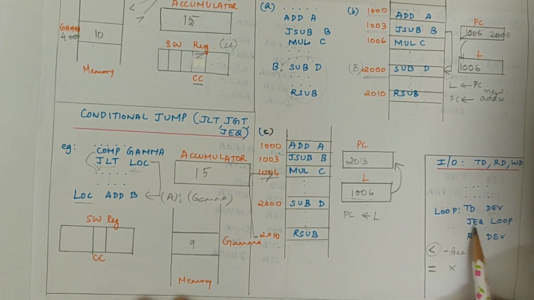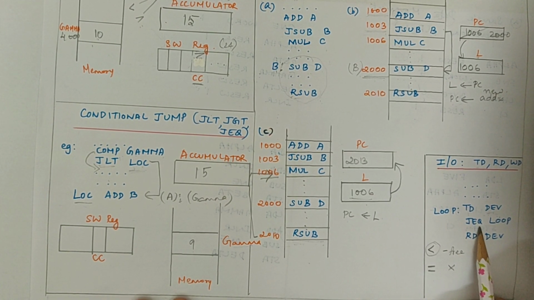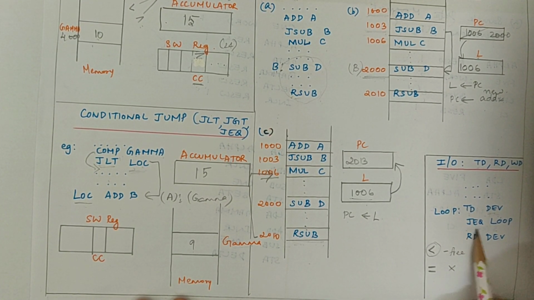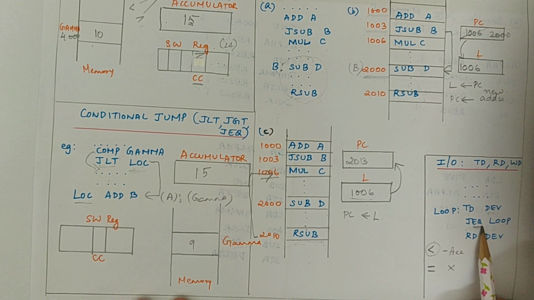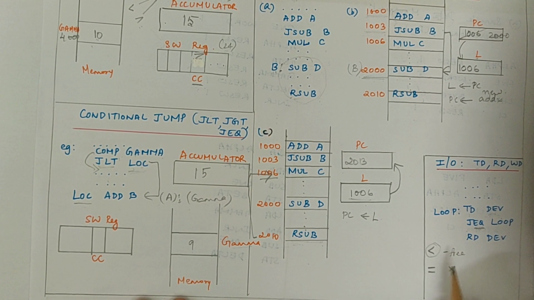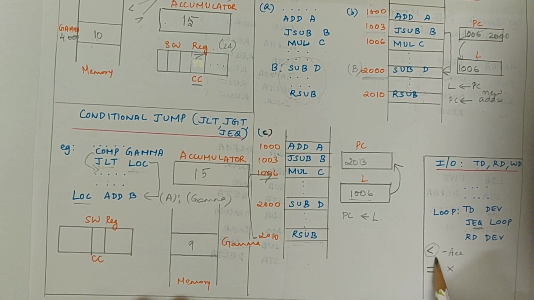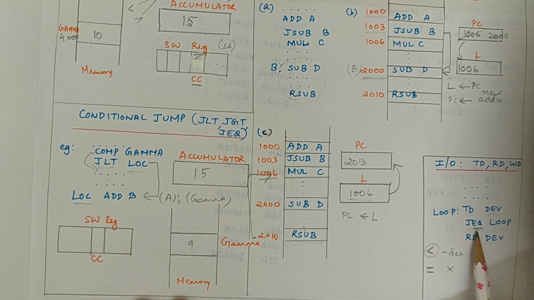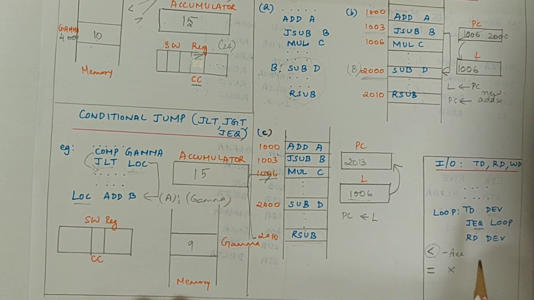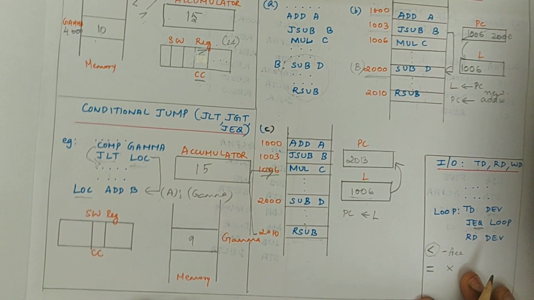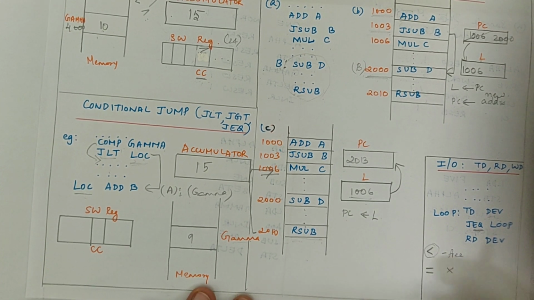If the device is not ready, it will be set with equal to. Only if it is equal to, you have to jump to the location. I will repeat once again, I just messed up here.